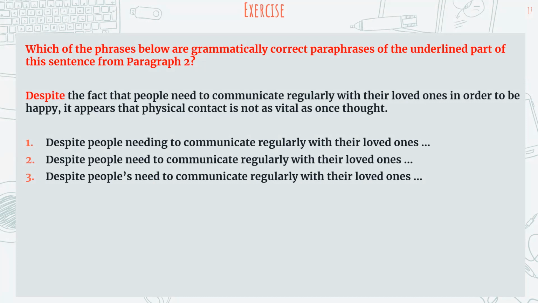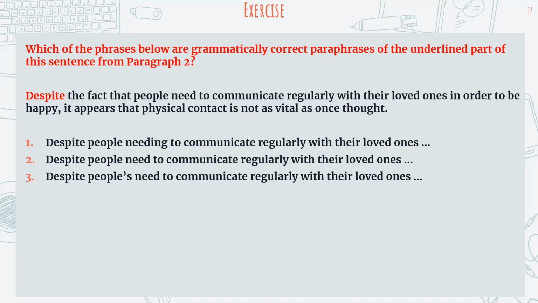Which of the phrases below are grammatically correct? Paraphrases of the underlined part of this sentence from paragraph 2. So this is a sentence from paragraph 2, and we need to know which one of these three phrases are grammatically correct.